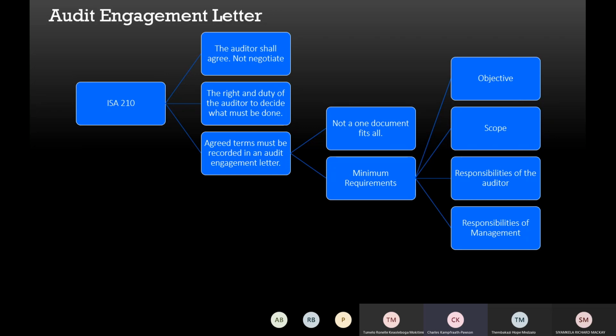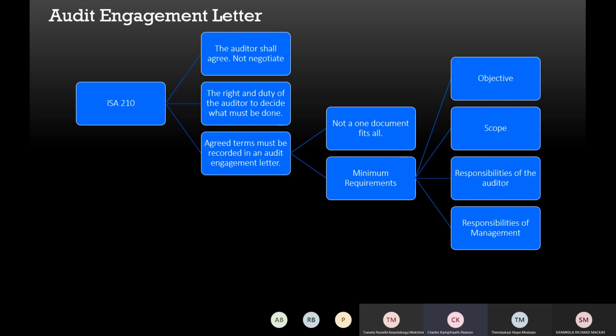Now, what is very important here is that management must still be made aware, even in this agreement, that they remain solely responsible for the drafting and maintaining of internal controls and the financial statements. That's management's responsibility, not the auditor's.